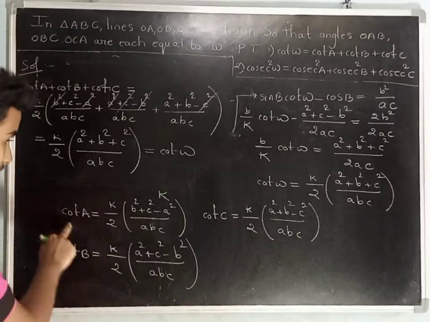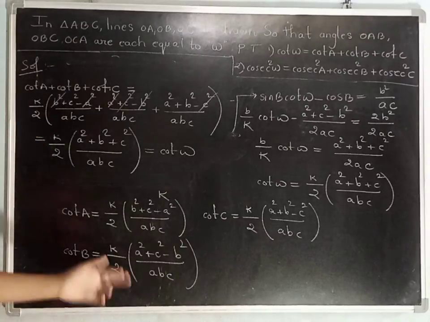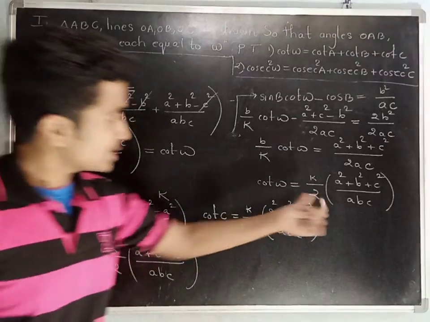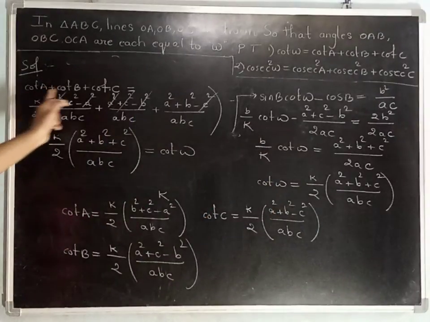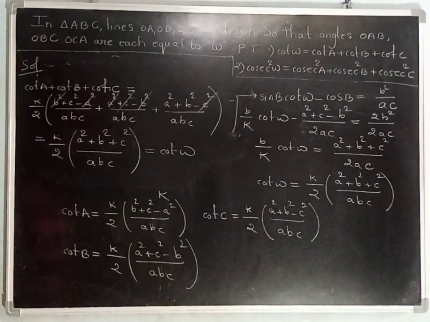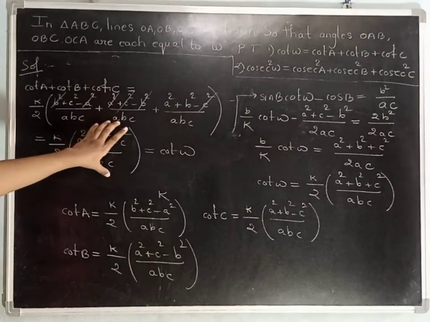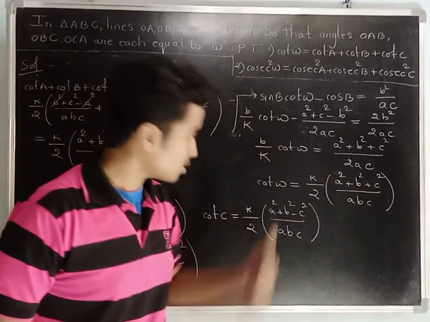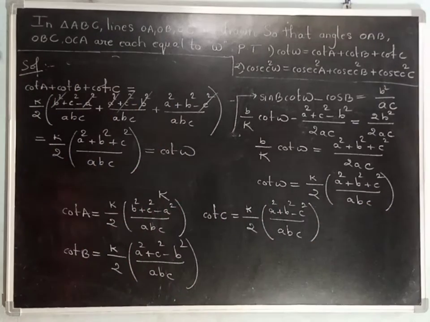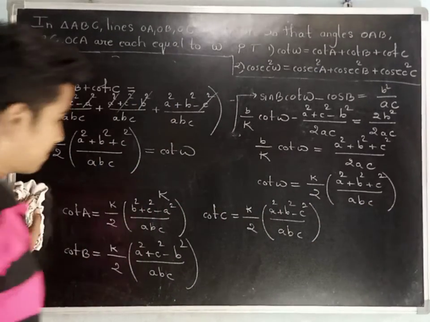That's why I have added these three, so that we can make it equal to cot omega. By adding cot A plus cot B plus cot C, by applying these three results, we got this result, which is again the repetition. We have already got this result for cot omega.